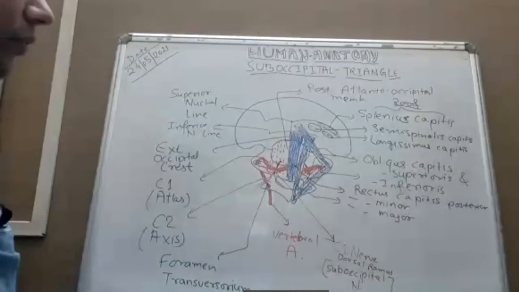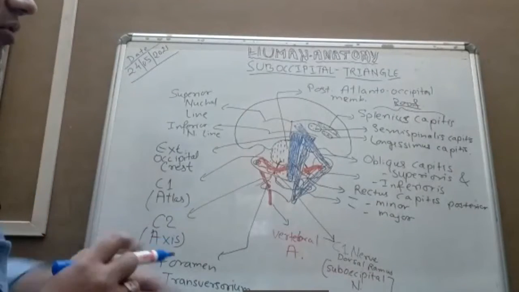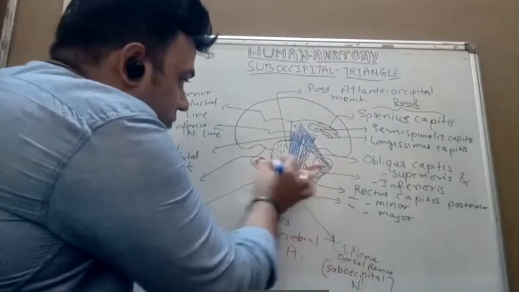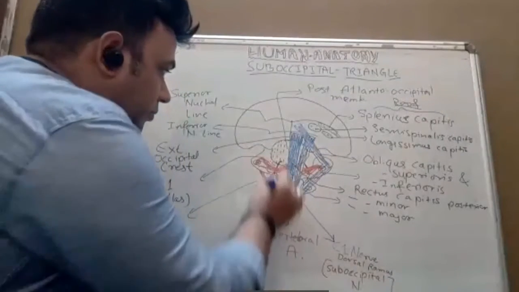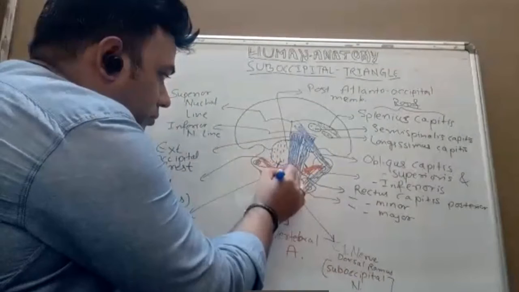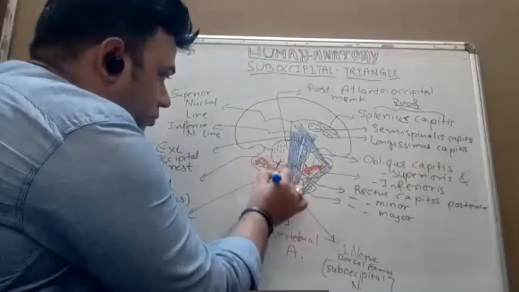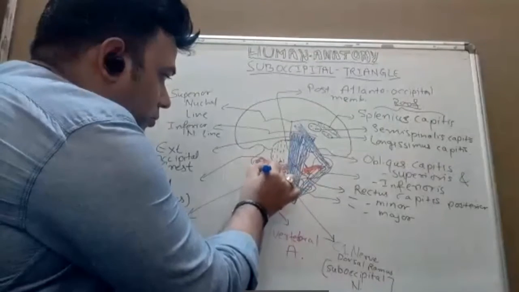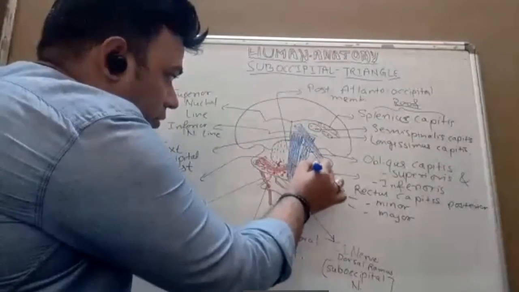Fine. The other content is the venous plexus in the triangle. So I can draw like this. Okay, the same here.